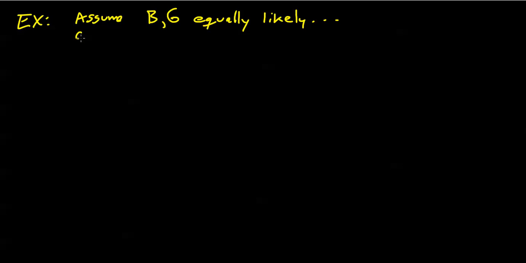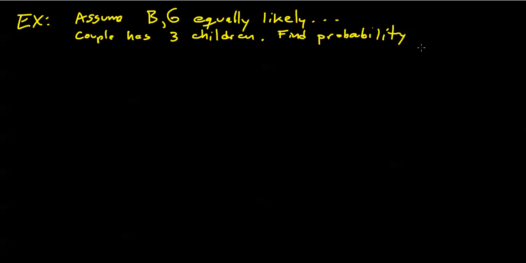Let's say this time a couple has 3 children. And I'll ask this: find the probability of getting 2 girls in these 3 births. Somewhat similar, but a little more complicated.